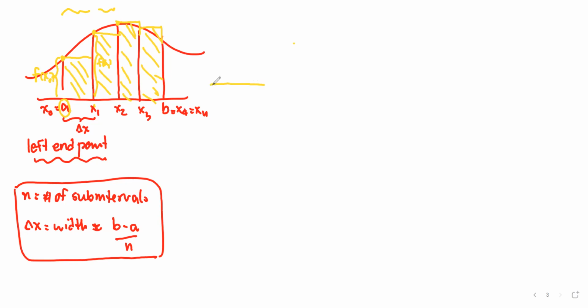Okay, if you draw the real number line, so this is x0, x1, x2, x3, and x4. For the left end, you are going to take the left, except the last one.